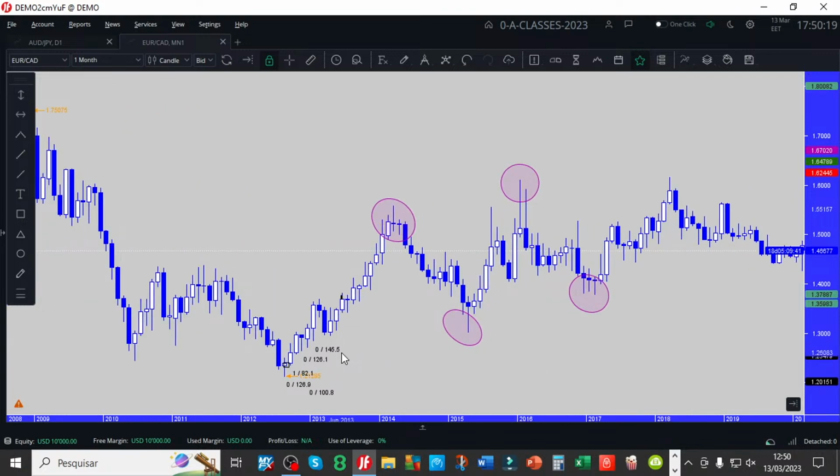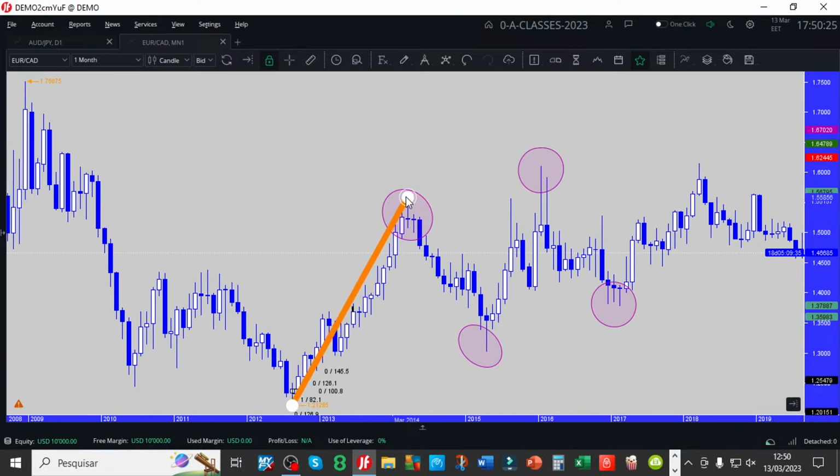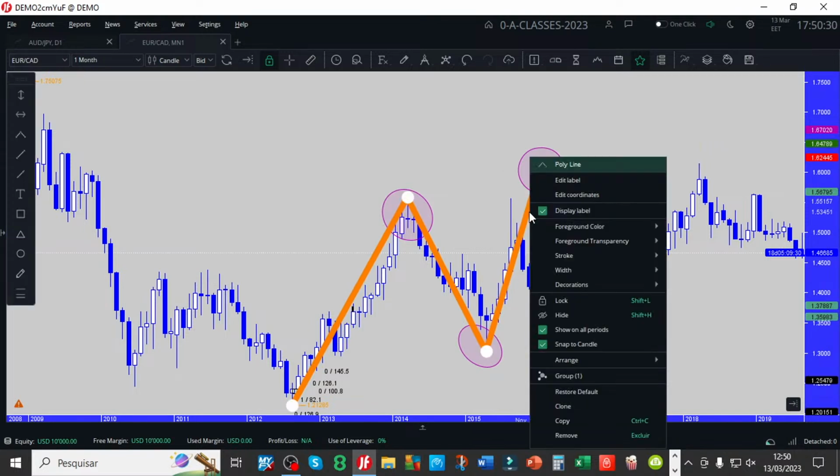Everybody, this is now the example. If you would have the market wave extension, retracement, extension, just an example.